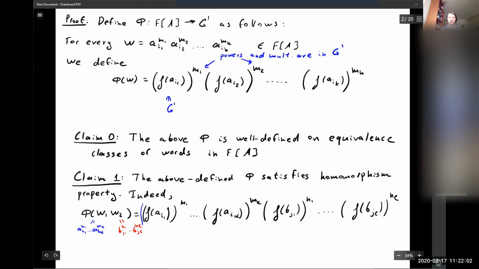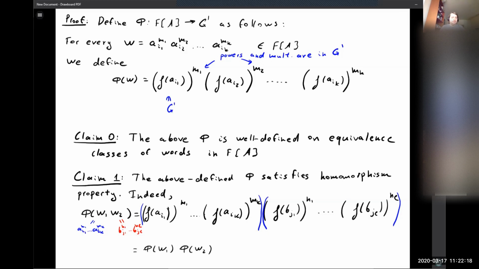Now if we group the terms here like this, then we will get precisely that this is the same as phi of W1 multiplied by phi of W2.